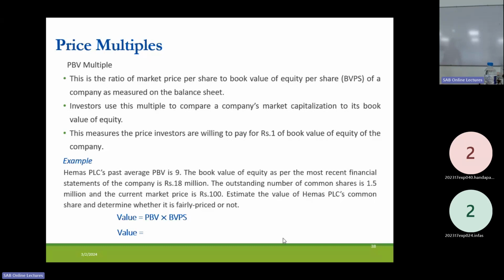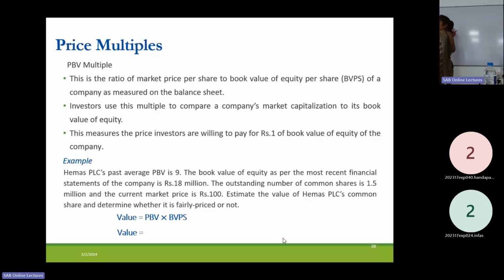So based on the price to book value ratio, you can calculate the value. The variable here is book value per share. This is the ratio of the market price per share to the book value of equity per share. Book value of equity you can calculate as total assets minus total liabilities, so then you will get the equity.